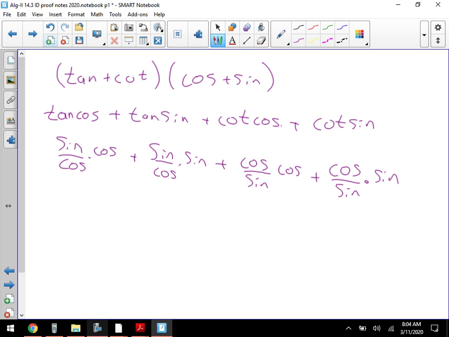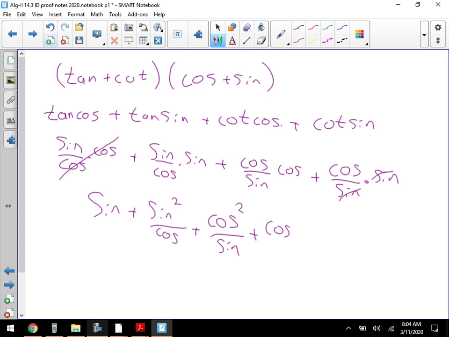Within each one of those, I'm going to do a little bit of simplifying. Okay. First and last terms, this cosine and sine drop. So I have sine plus sine squared over cosine plus cosine squared over sine plus cosine, because these guys go up.